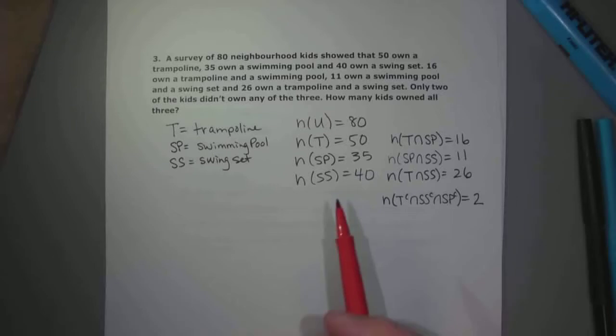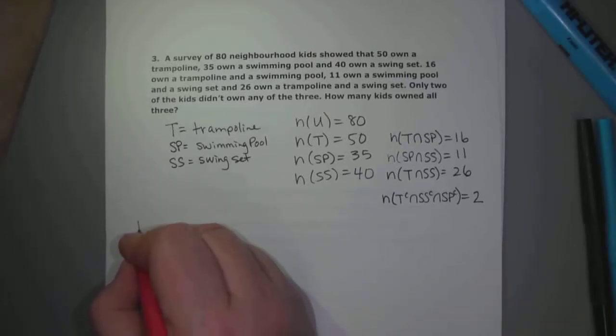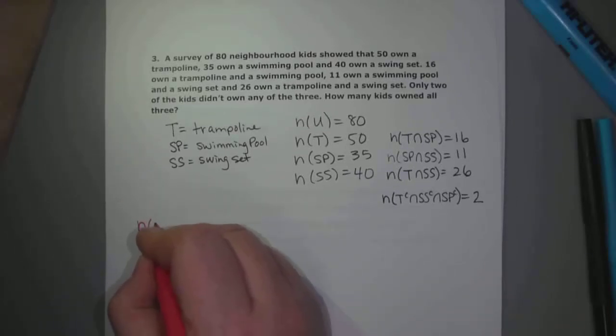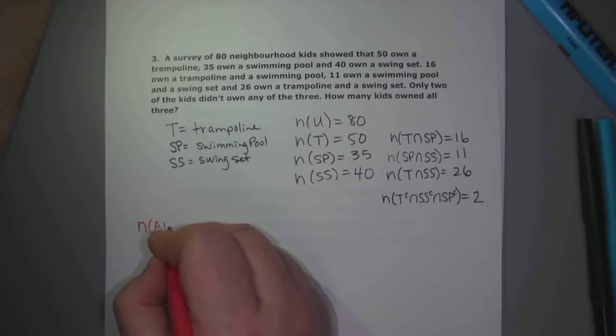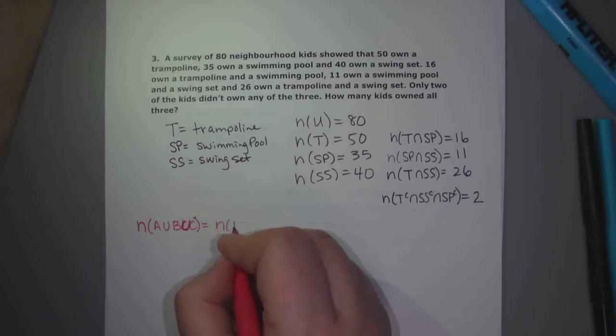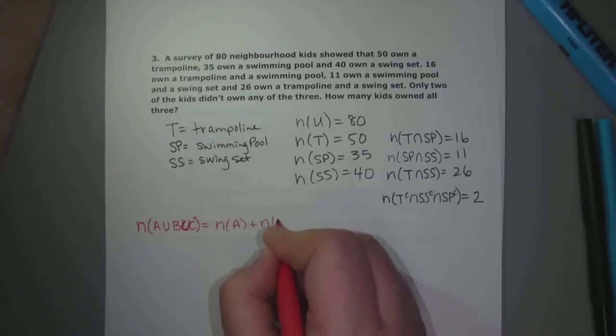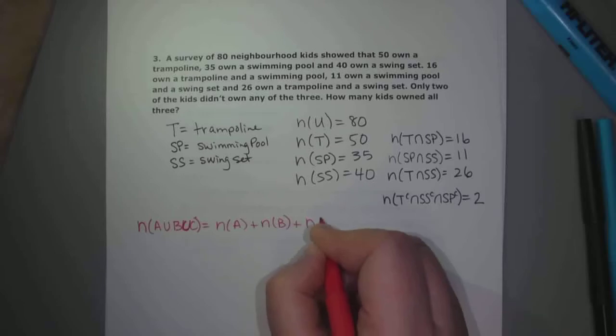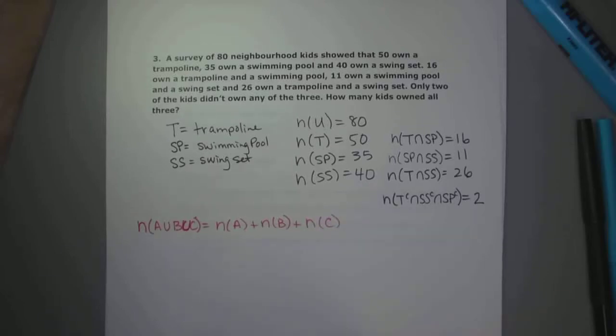So for 3 sets, I'll show you what it looks like. So let's put A, B, and C. A union B union C. If we add up all the sets, let's look at what happens here to develop the formula. It's a bit longer.